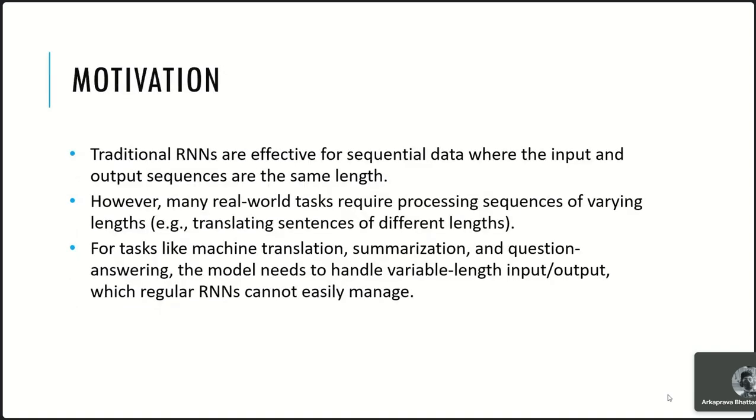Your problem with traditional RNNs is that they all deal with sequences. Like you can't really have machine translation, summarization, text summarization, question answering, and all that. That really can't work using the traditional RNNs, right?